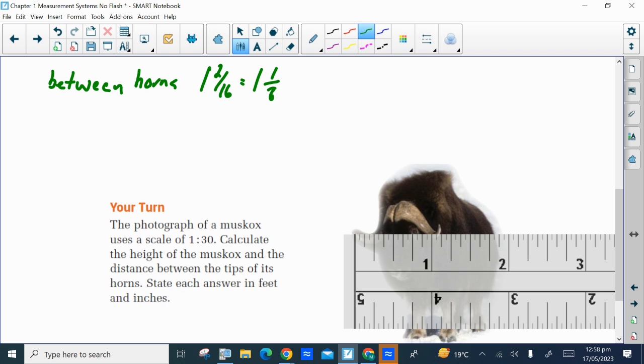But the distance between the horns is 1 and 1/8 of an inch, which will be 9/8 inches if you write it as an improper fraction, which has to be multiplied by 30/1 in this case, because that's our scale factor.